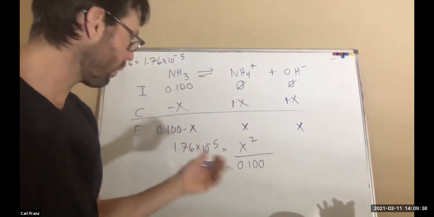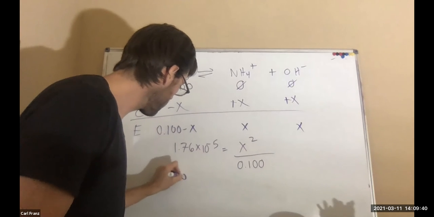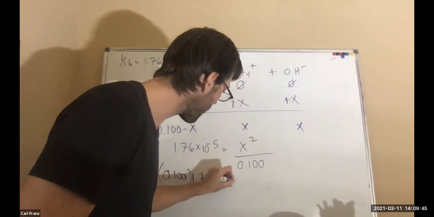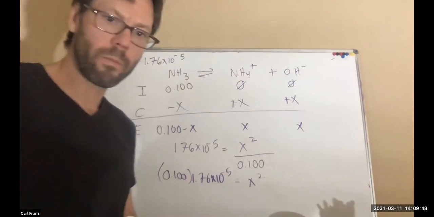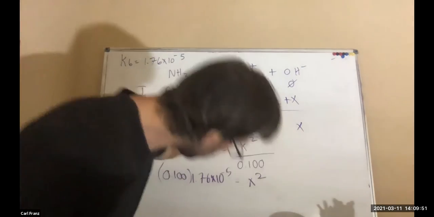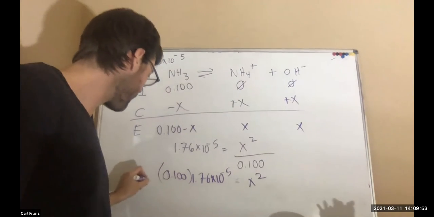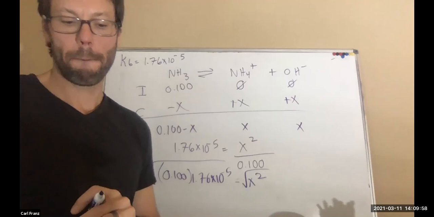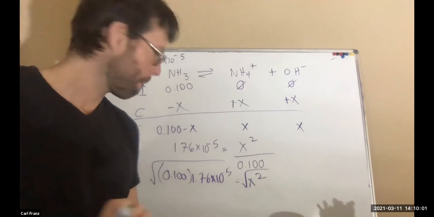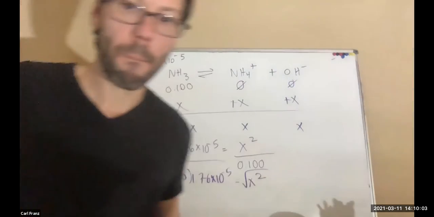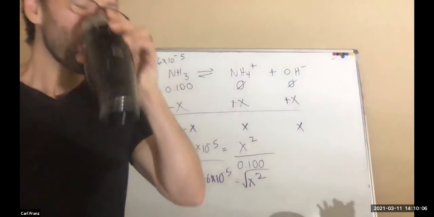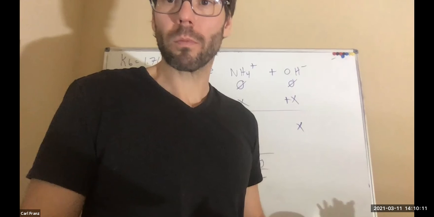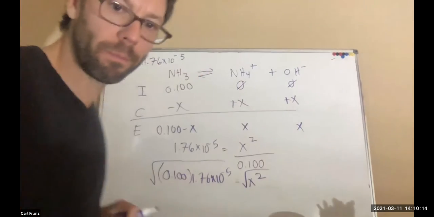Multiply both sides by 0.1, we get 0.1 times 1.76 times 10 to the negative 5 equals x squared. And then we take the square root of that. And what do we get for x?